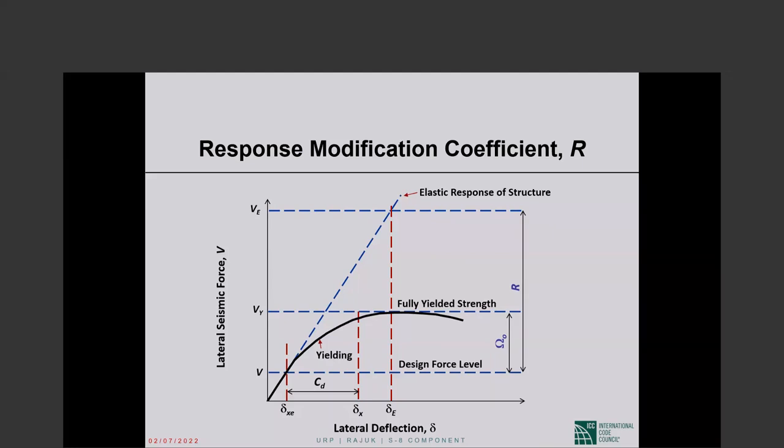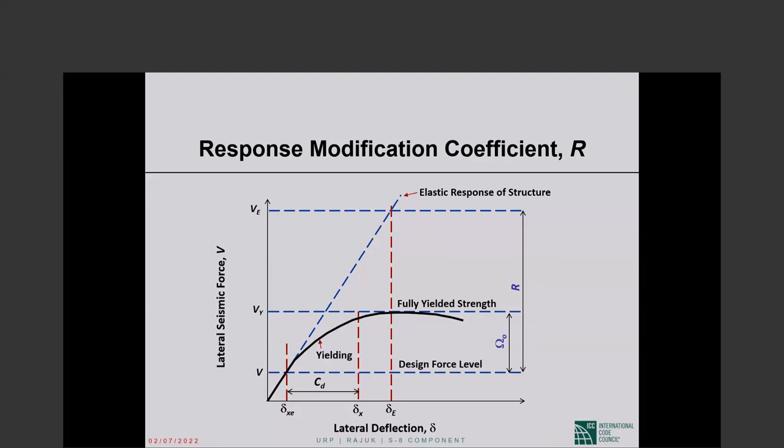Okay. Now, this line shows hypothetical elastic response. If our structure were to respond elastically to the design earthquake of the code, it would have developed a force equal to V sub E and would have suffered a total displacement equal to lowercase delta sub E.